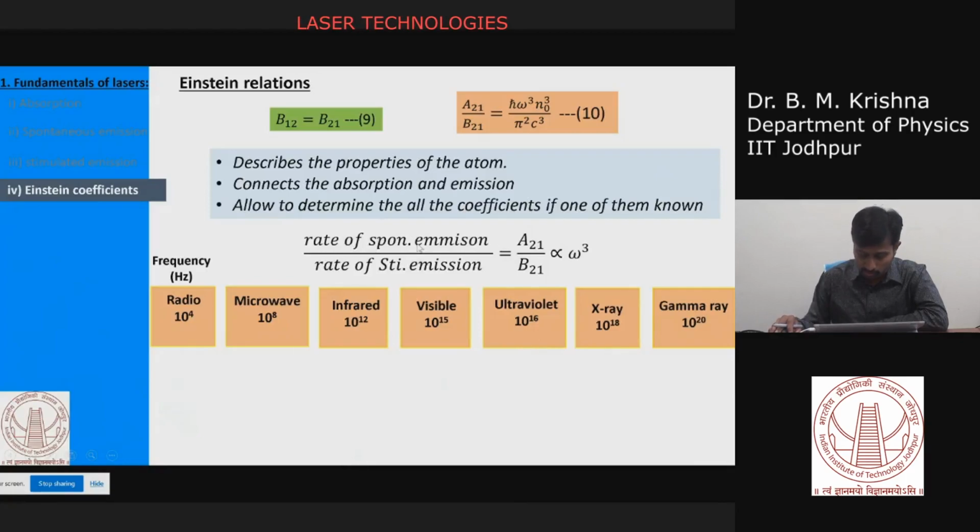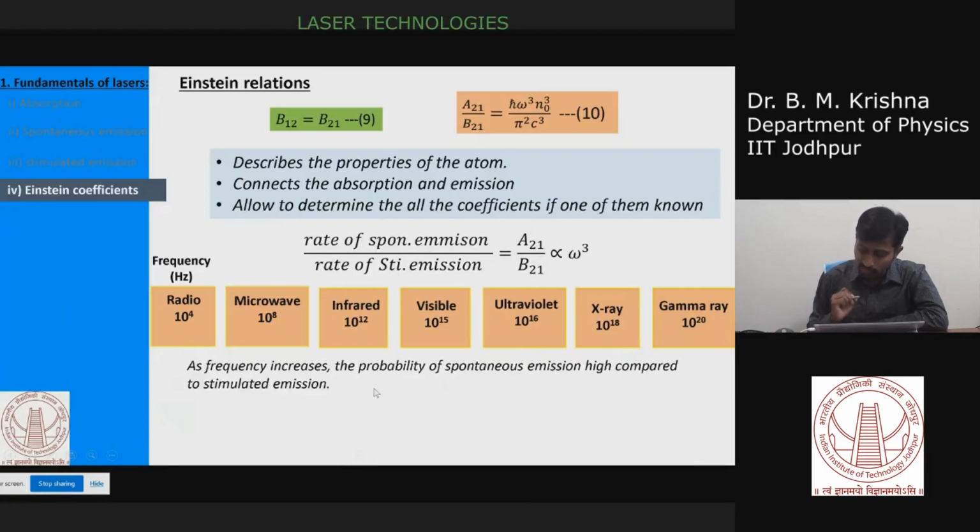So lasing at higher frequencies is much more difficult compared to lower frequencies. For example, developing a visible light laser is much more difficult compared to microwave lasing action.